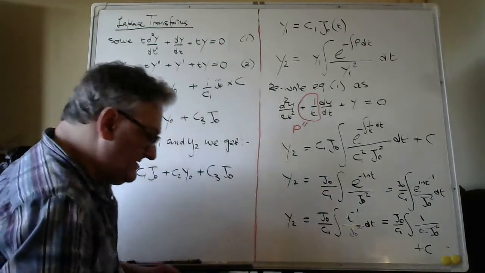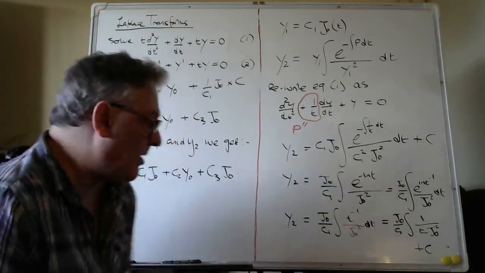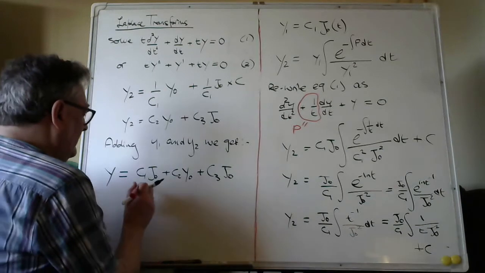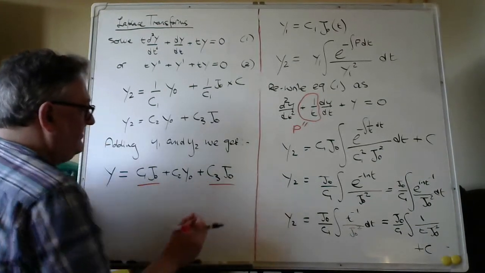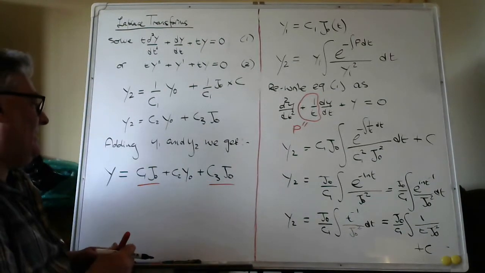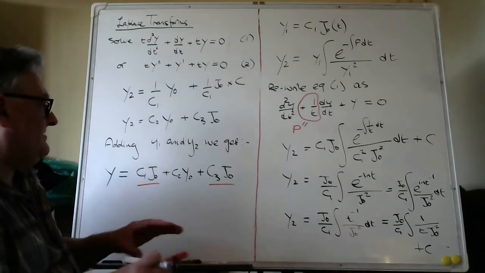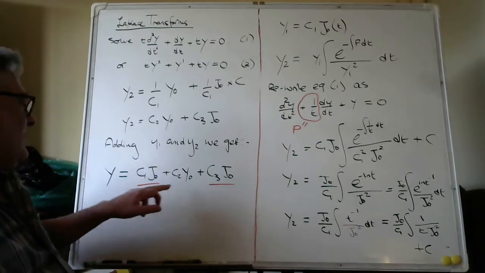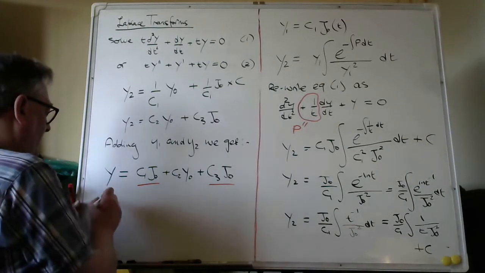Now it turns out, like I said before when we were doing a similar sort of problem, working out the second linearly independent solution and from there the general solution, you get two terms here but they get absorbed into one another.